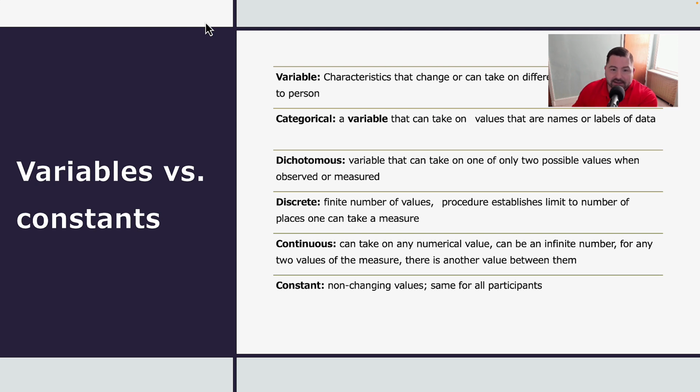and a constant. So a variable is anything that has a characteristic and that the characteristic can change or can take on a different value from person to person. So for example, a variable of interest may be a person's age. Every person in this class likely has a different birth date.